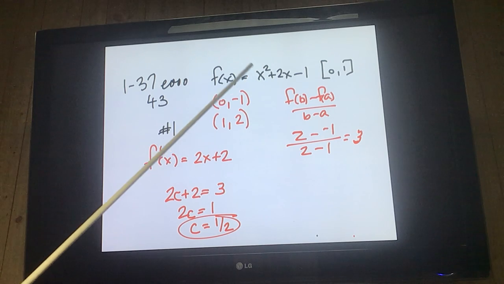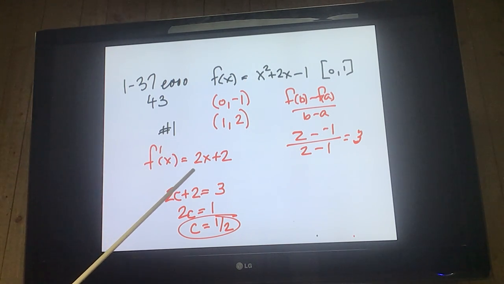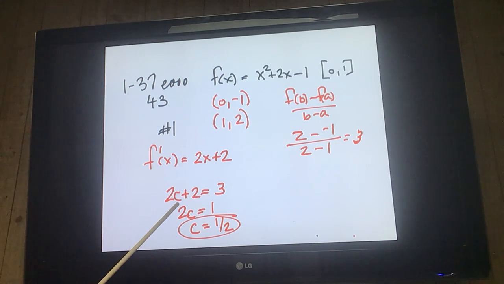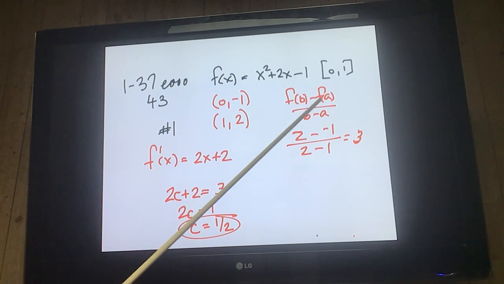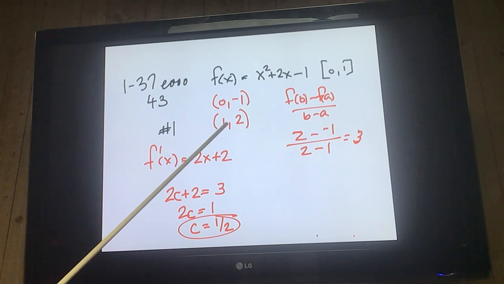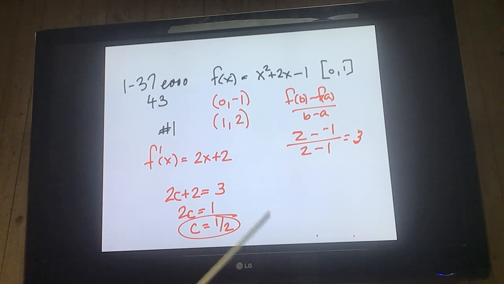So we're going to take the derivative of this function. Here's the derivative: f prime of x equals 2x plus 2. We plug in c for x, and here's my average value for my secant line. This is the slope of my secant line, 2 minus -1 over 1 minus 0.